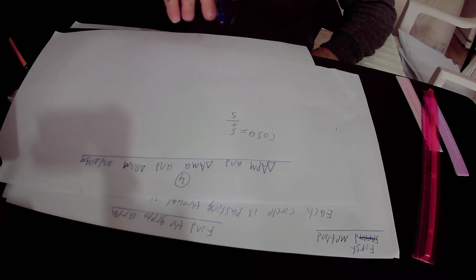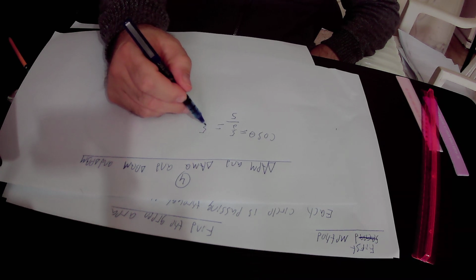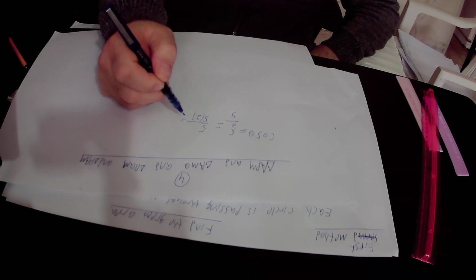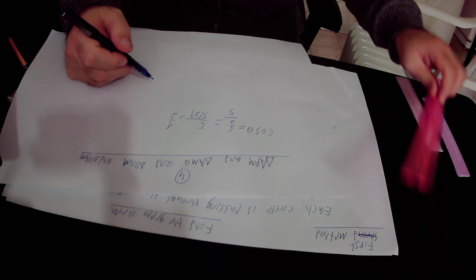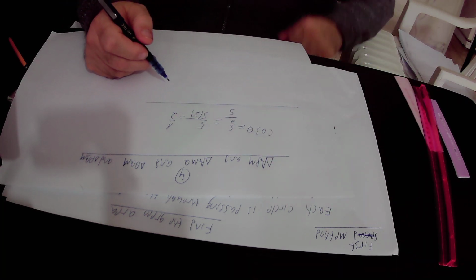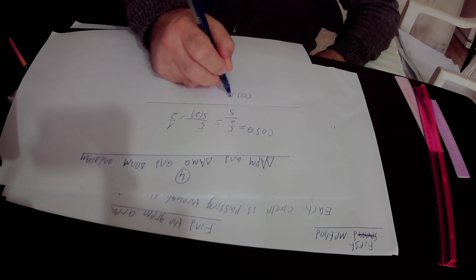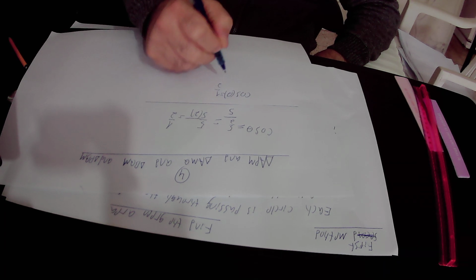So here 5 over 2 over 5 is 5 over 5 times 2. 5 over 5 is 1, so it is 1 over 2. So we found out that cosine theta equals 1 over 2.